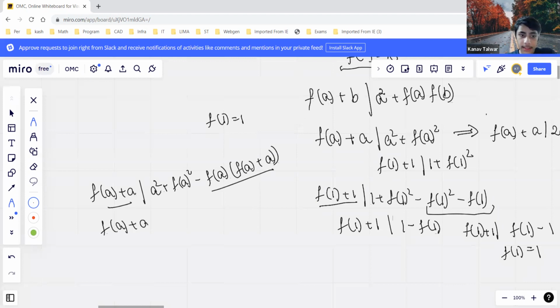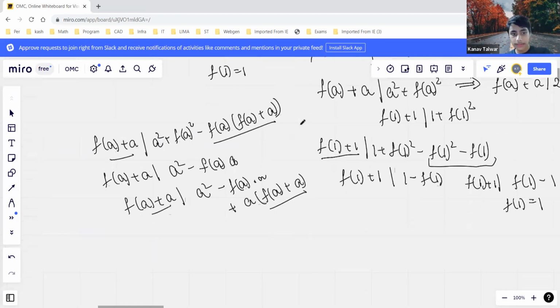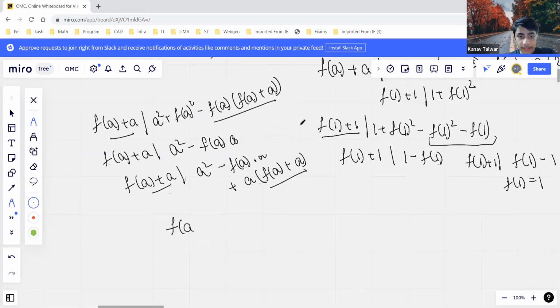Thus f of a plus a actually divides a squared minus f of a times a. Now we can write that f of a plus a divides a squared minus f of a times a plus a times f of a plus a. Again, just because f of a plus a also divides this and thus must divide its sum. Thus simplifying, we get that f of a plus a divides twice of a squared.